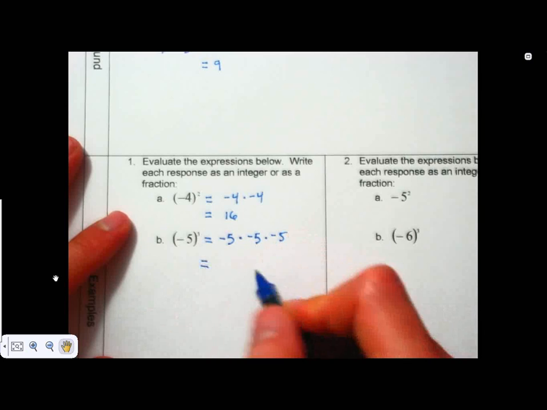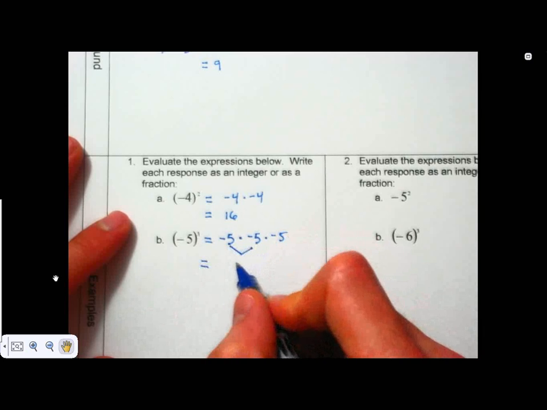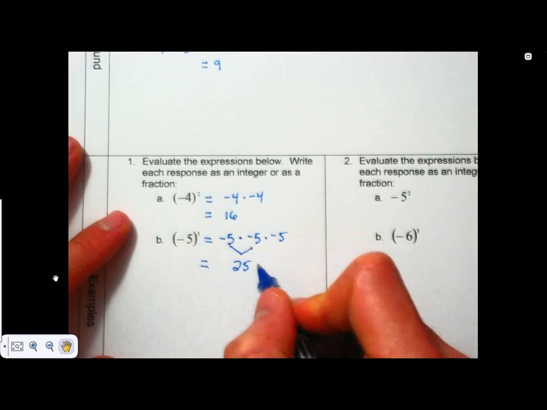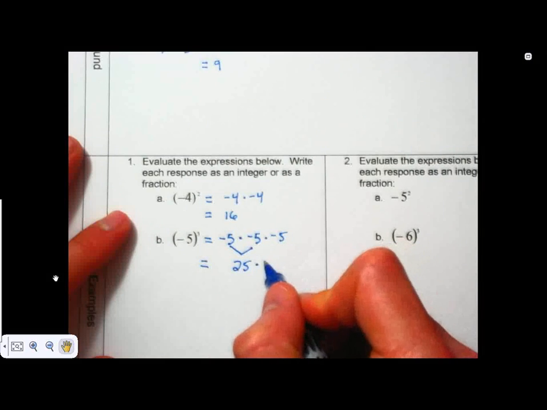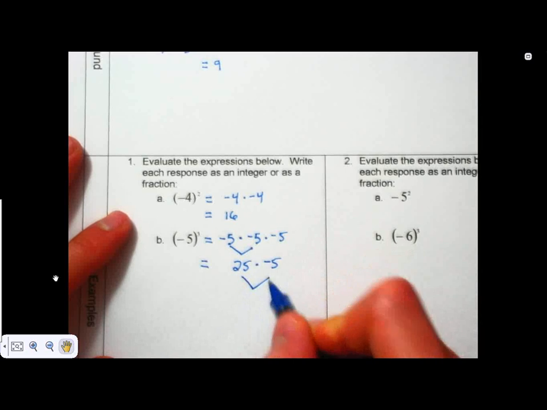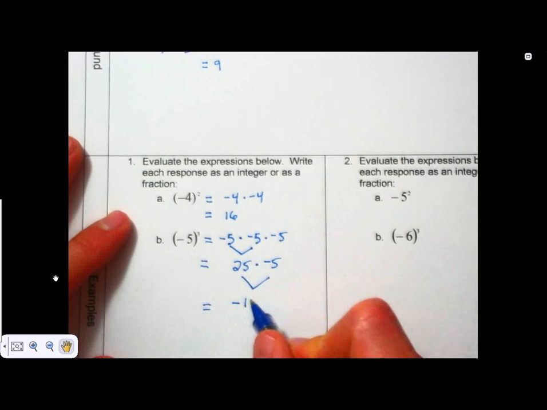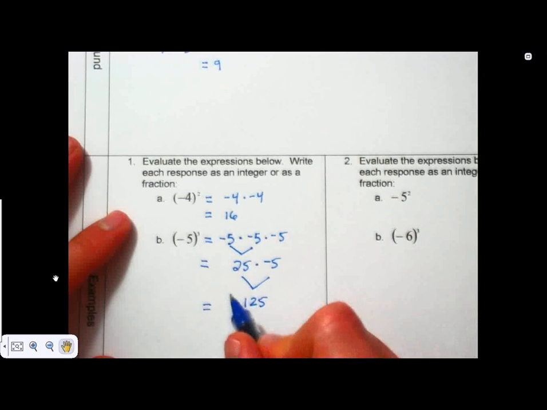Well, if we multiply this out, -5 times -5 is positive 25. But then we still have this -5 at the end. So 25 positive times -5 is going to give us -125 overall as an answer.